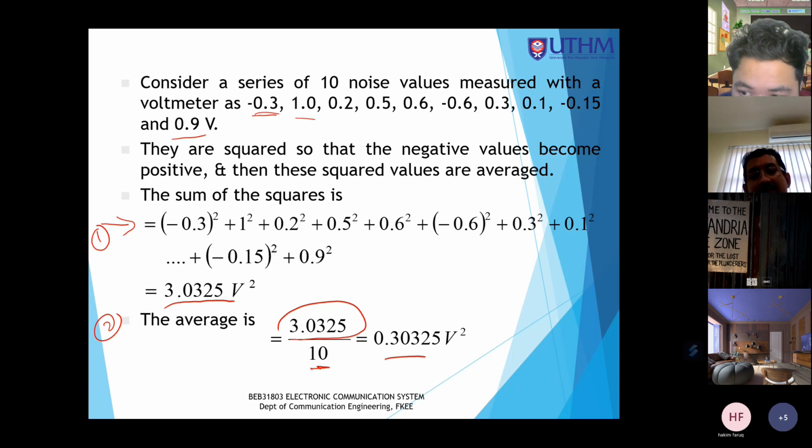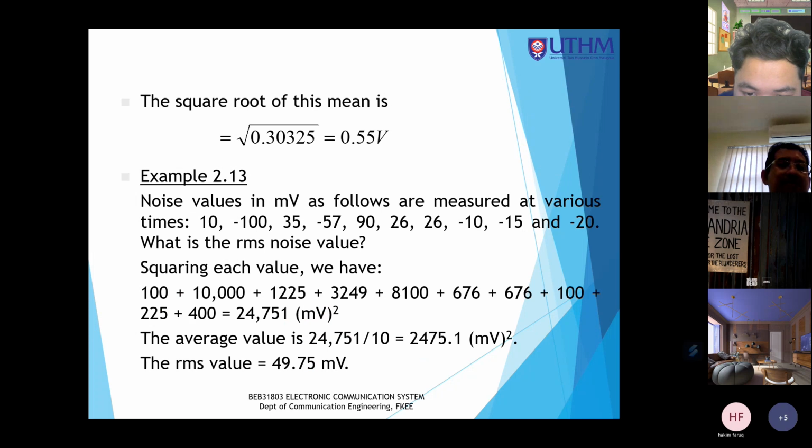The third process is to find the RMS, the root mean square value: the square root of the average value, the square root of 0.30325. We get 0.55 volt. This is the RMS noise voltage.